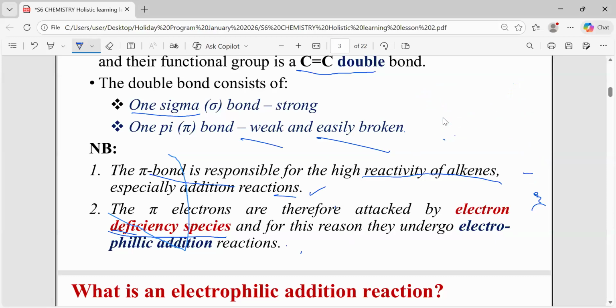You have said where an electrophile or electrophilic reagent adds to alkene or alkyne to form a single product.